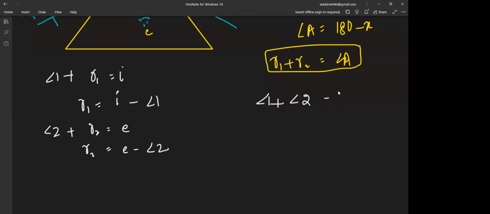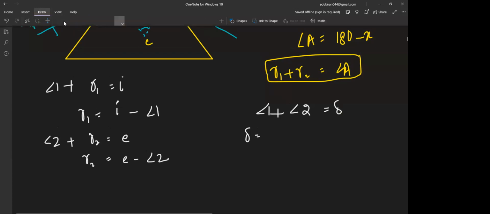Angle 1 plus angle 2 is delta. So delta will now be equal to what? What is angle 1? We have to write down the values of angle 1 and angle 2. Okay, so from here, let's do one thing.